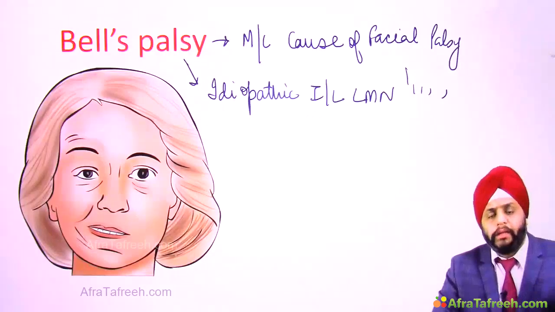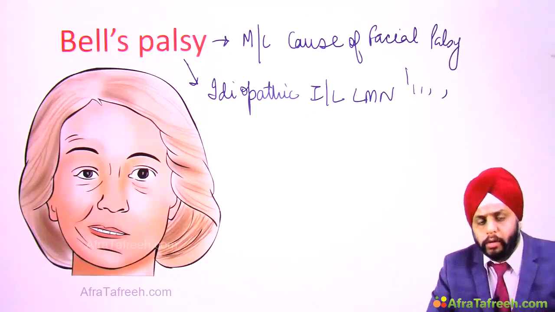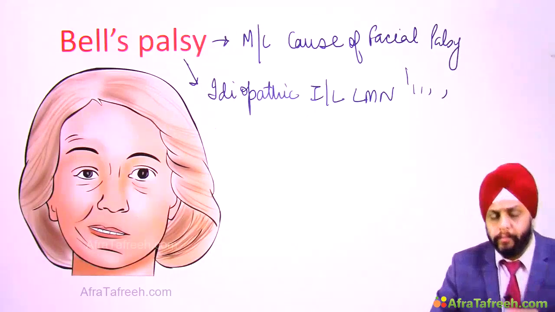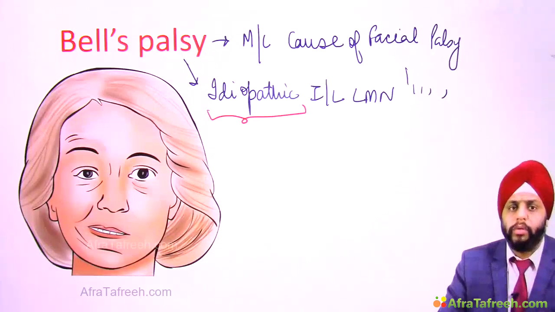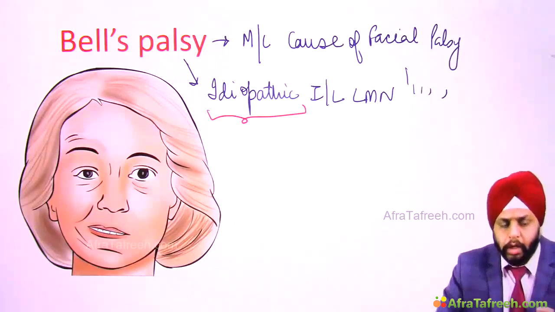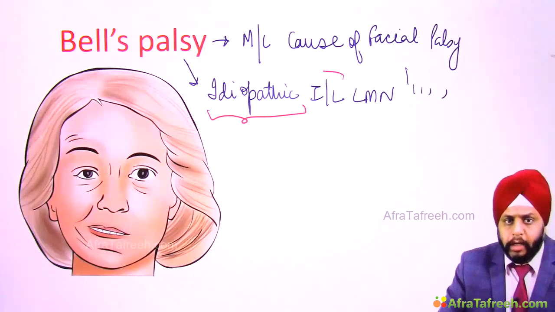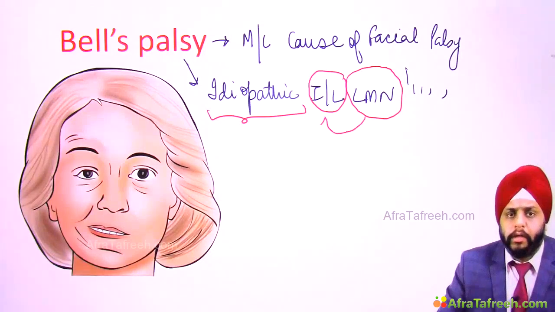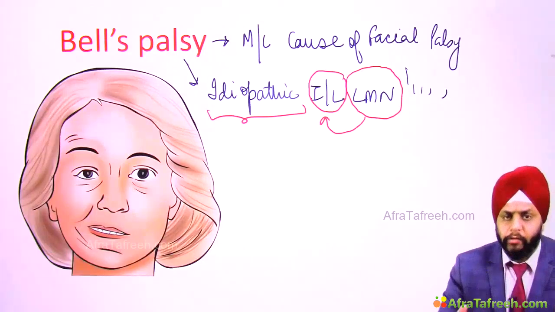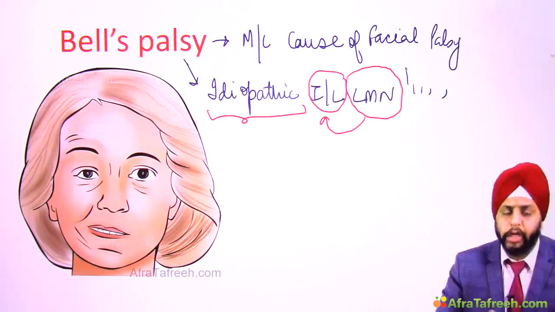These three terms define Bell's palsy. What do I mean by idiopathic? Idiopathic means no known cause. We know that lower motor neuron palsy is always ipsilateral, so there is no doubt about that.